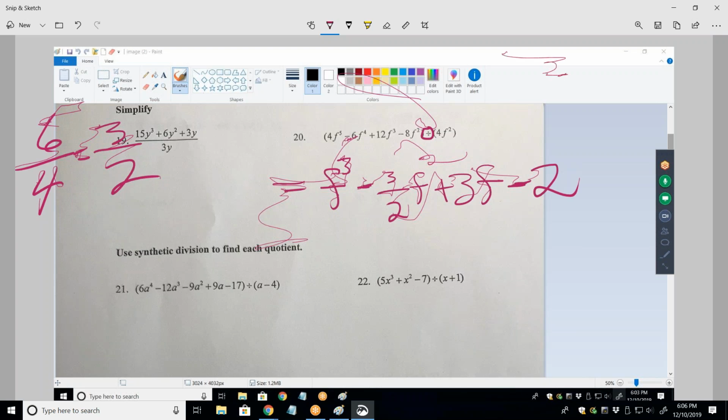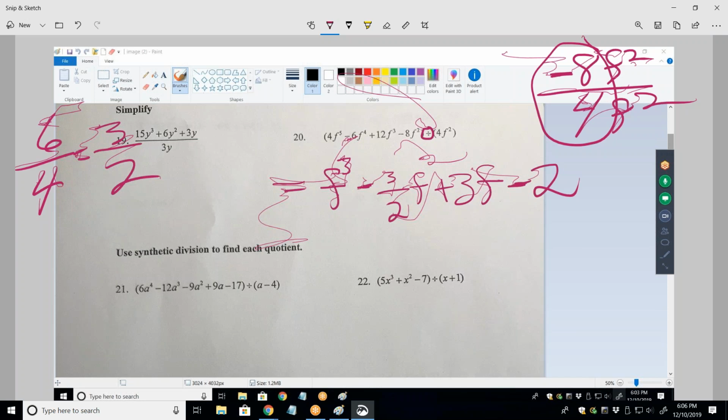In other words, here's what I've got. Minus 8f squared divided by 4f squared, right? Well, there's your negative 2. But f squared divided by f squared is f to the 0, which is always 1. Anything to the 0 power is 1.